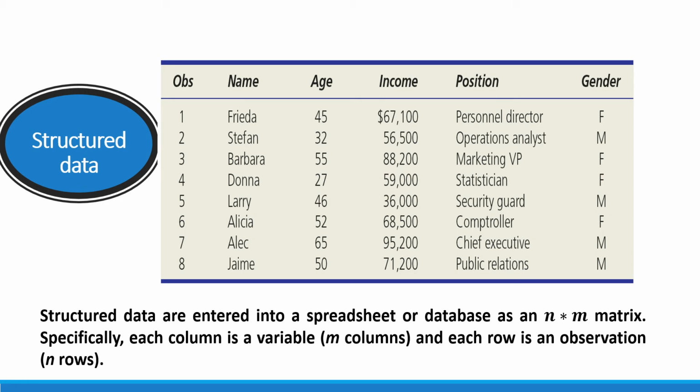So for the first observation, the value of the name variable is Freda. The value of the age variable is 45. The value of the variable income is 67,100,000.